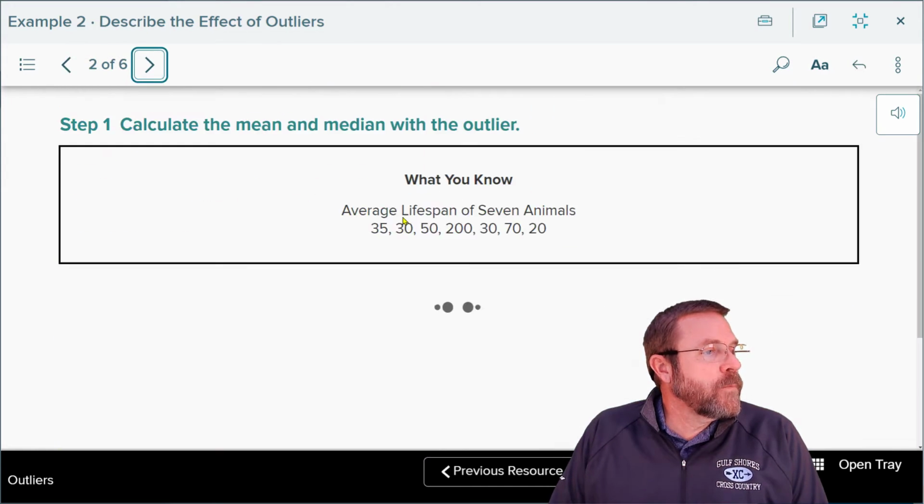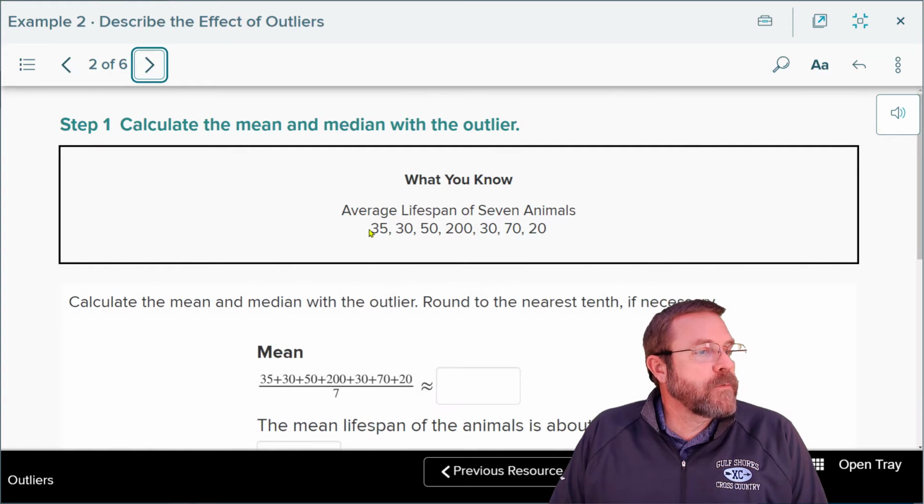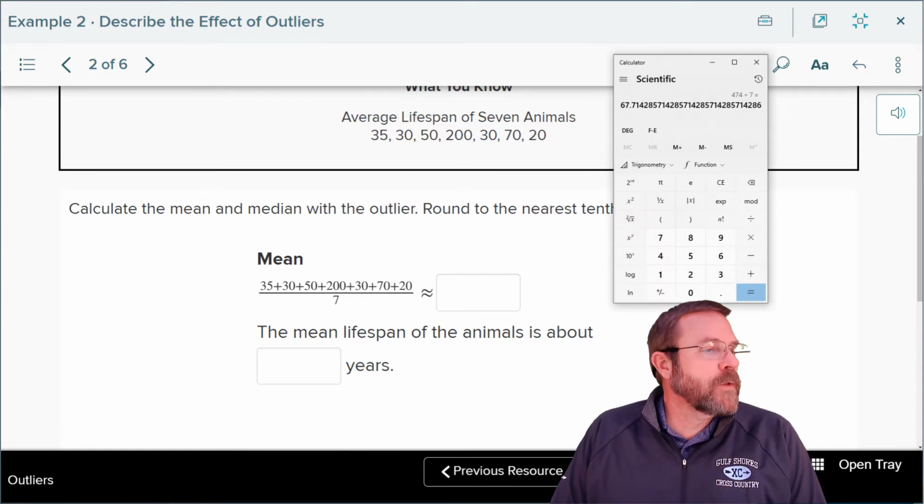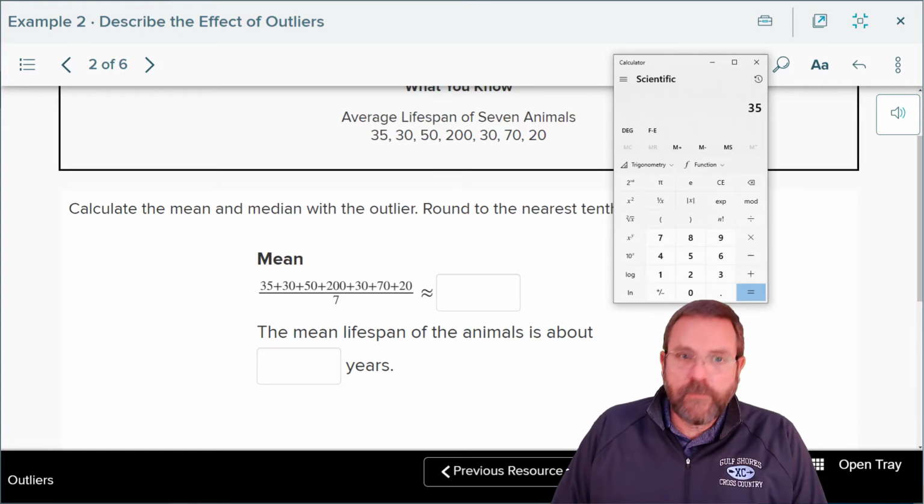So in doing that, we're going to find the average lifespans of the animals, which are all listed right here. We're just going to use a calculator to save you all some time. I've got 35 plus 30 plus 50 plus 200 plus 30 plus 70 plus 20, enter, all divided by 7 critters.